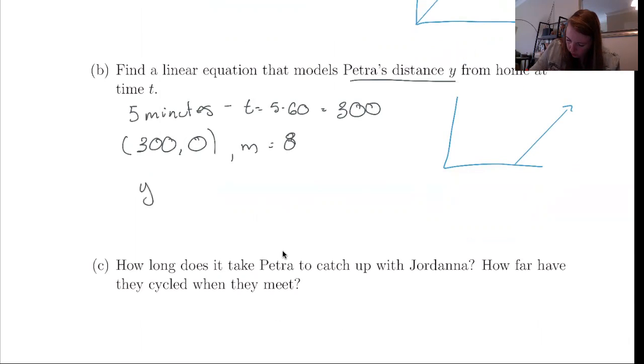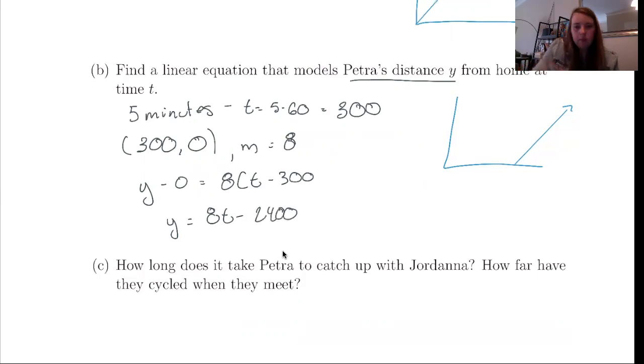So we do y minus 0 equals 8 times (t minus 300), or y equals 8t minus, whatever this big number is, 2400.